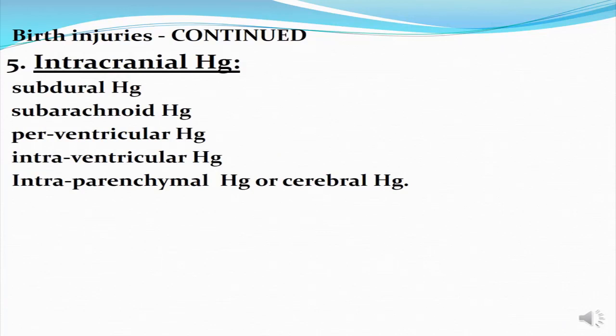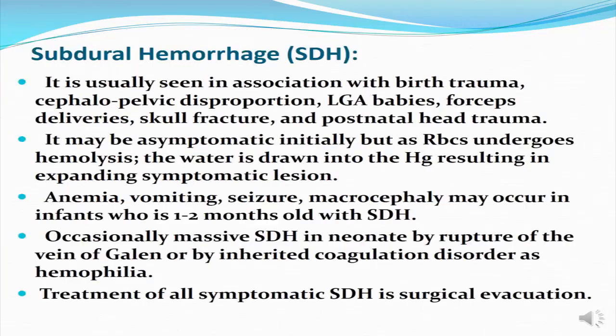Other birth traumas are the intracranial hemorrhages, and we said they are either subdural hemorrhage, subarachnoid hemorrhage, periventricular-intraventricular hemorrhage, and intraparenchymal or intracerebral hemorrhage. We talked already about intraventricular hemorrhage, but another type is the subdural hemorrhage.